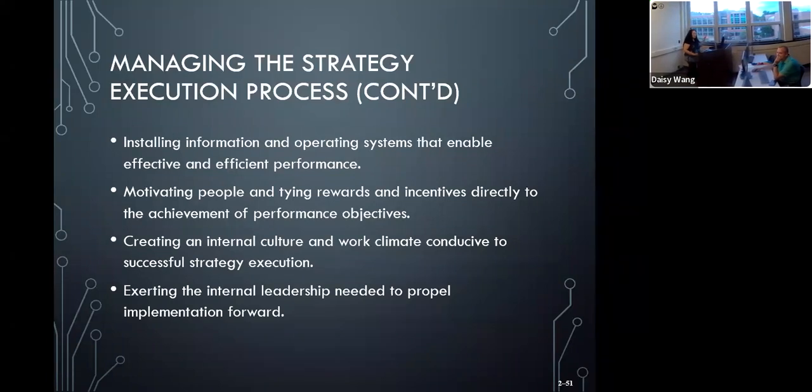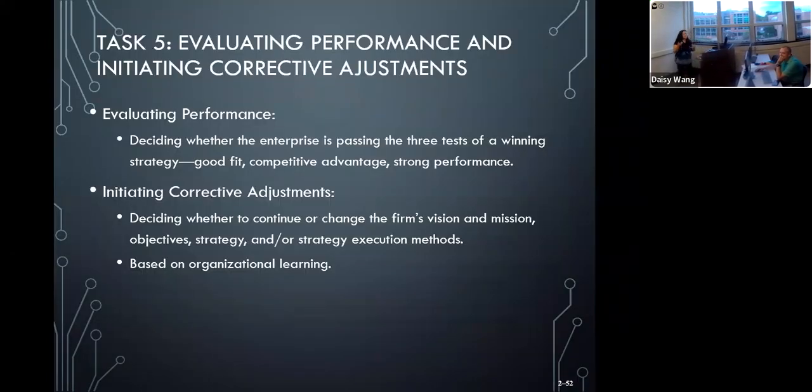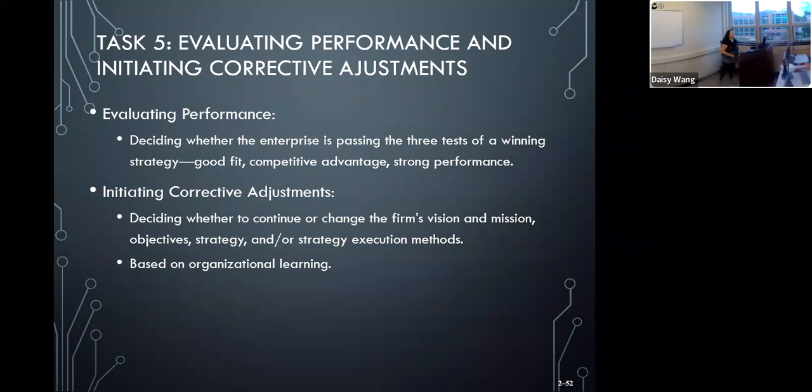Try to make sure you will execute the plan well. Make sure you go through all the different tasks. This one team ran out of cash.